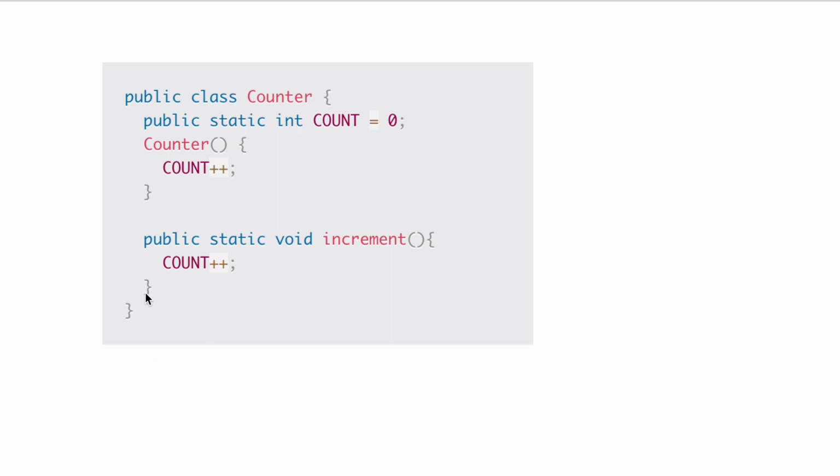Static methods are very particular in the sense that they can only work with static variables. Static methods, I'm going to say it again, can only work with static variables. So the only thing this static method can access or change is that variable count, okay?